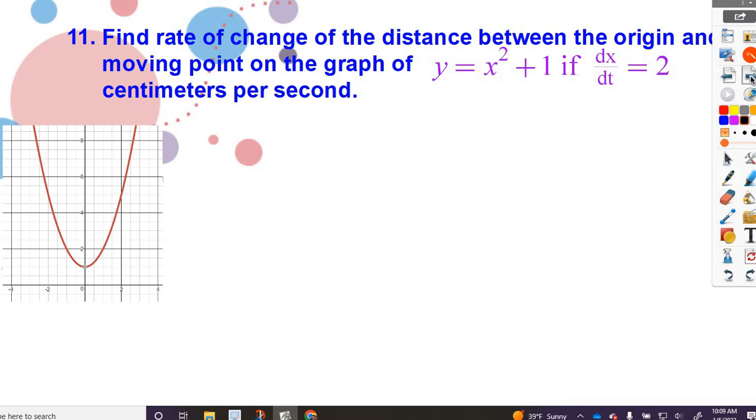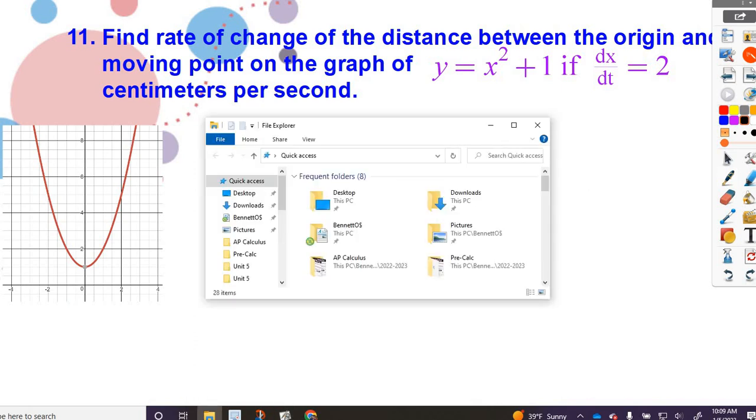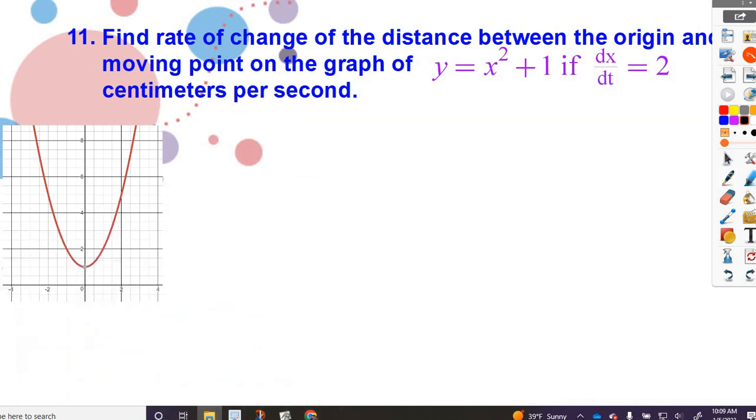So what do we want to do? We already have a picture, yeah? I have a parabola. So what might it be helpful for us to do?